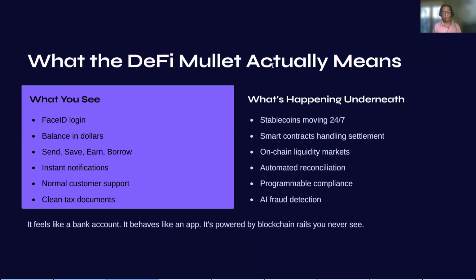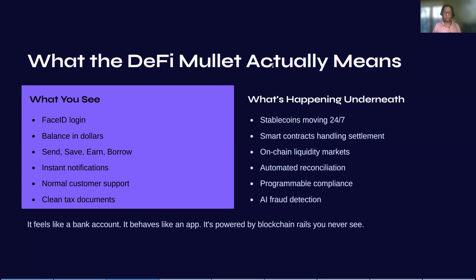So what the DeFi Mullet actually means is that you are able to use the traditional apps you are currently using to start interacting with the blockchain. For example, if you use a Face ID login in your app to log into any application, you can use it to log into any blockchain application, any decentralized application.